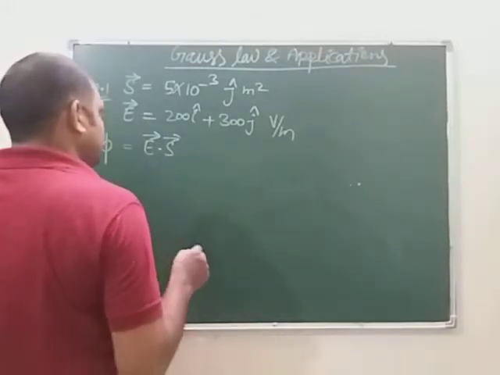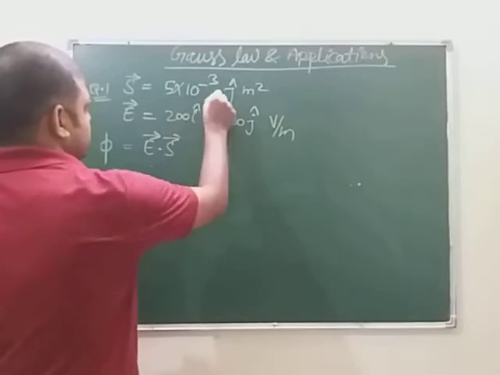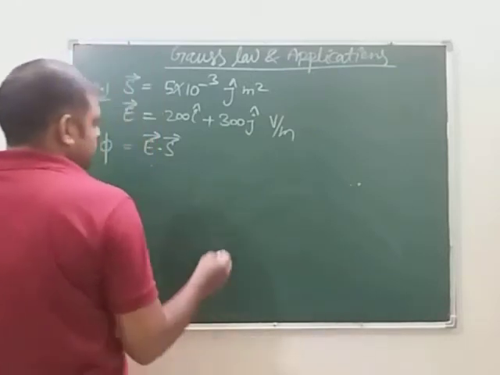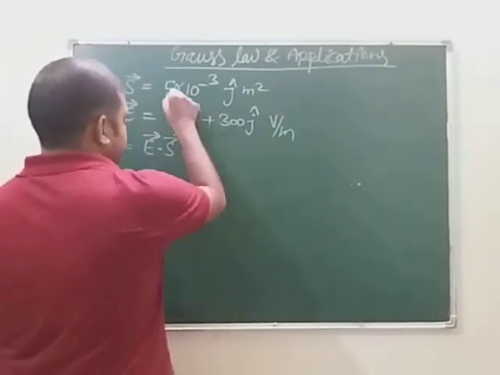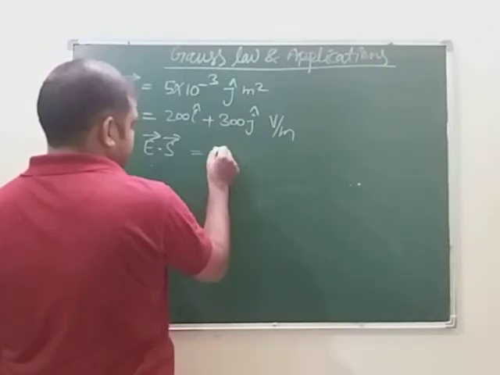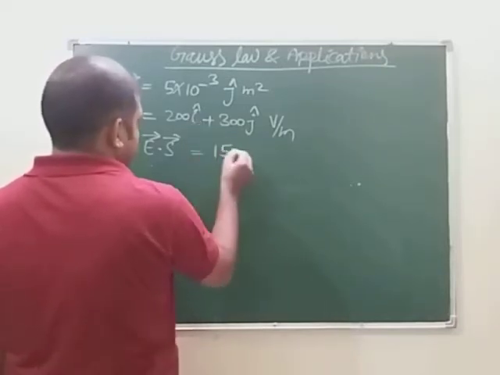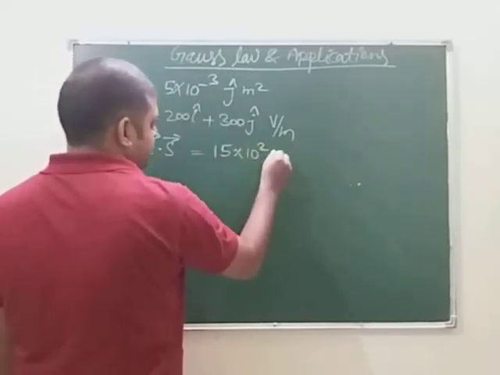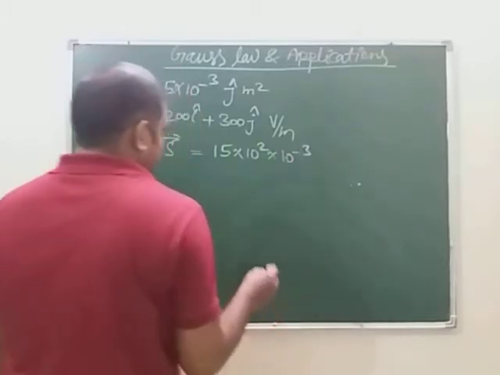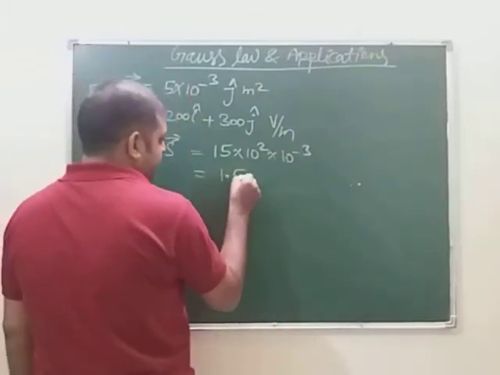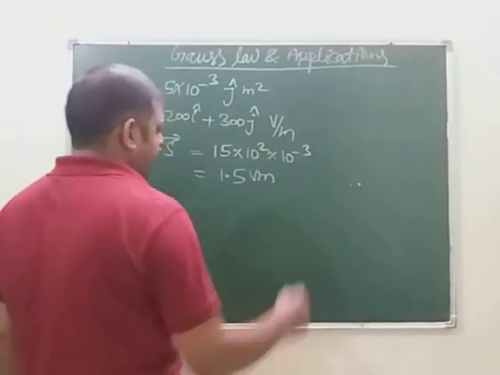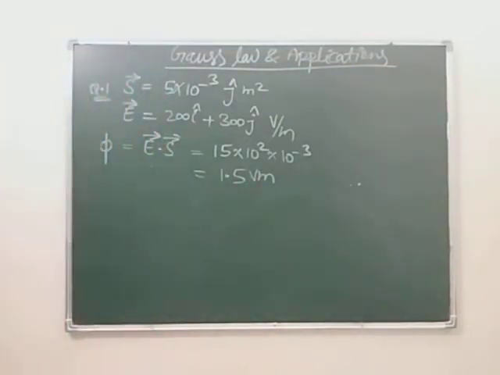Here we can see J, so J can only be multiplied with the quantity of J. So we can write here 5 times 300, which is 15 into 10 raised to power 2, and here 10 raised to power minus 3, so we can write 1.5 volt into meter as the answer. Write down, very easy numerical.